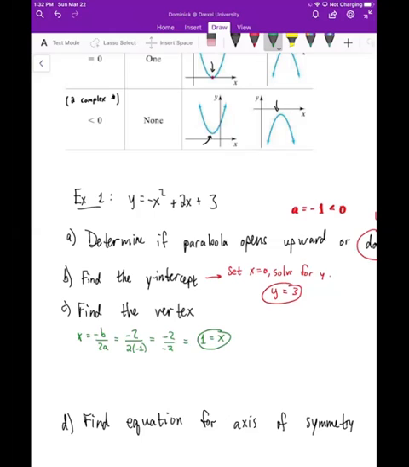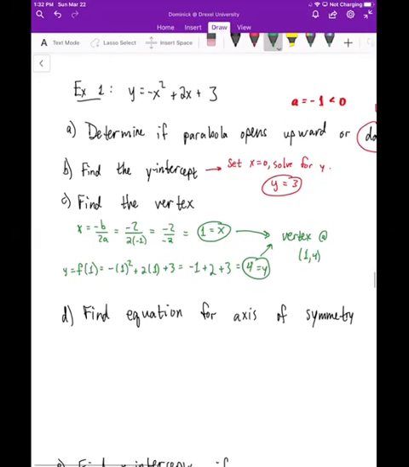Now to get the y-coordinate, I need to plug 1 into my original function. And if I do that, I'm going to get -1 squared plus 2 times 1 plus 3. So I get -1 plus 2 plus 3, which will give me a 4. So combining these two pieces of information, I know that I have a vertex at the point (1, 4).